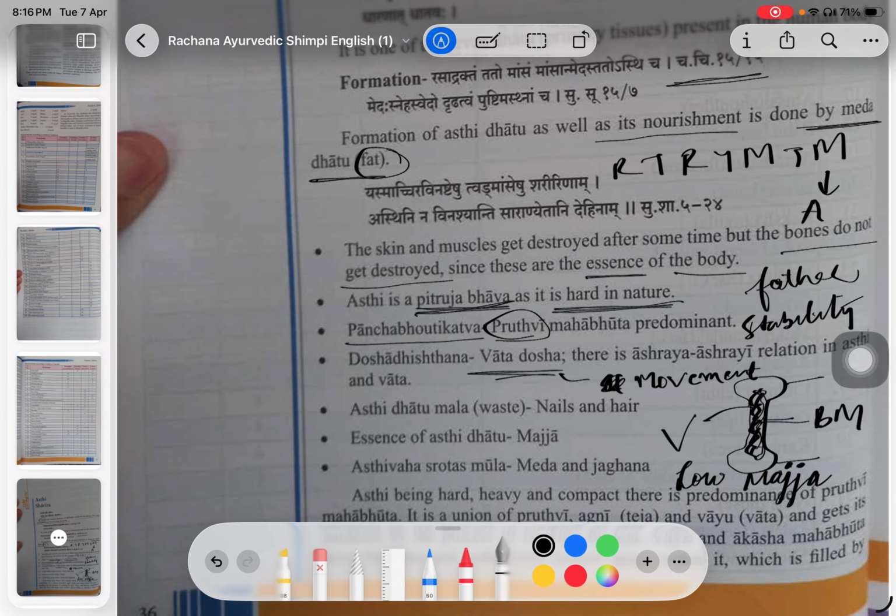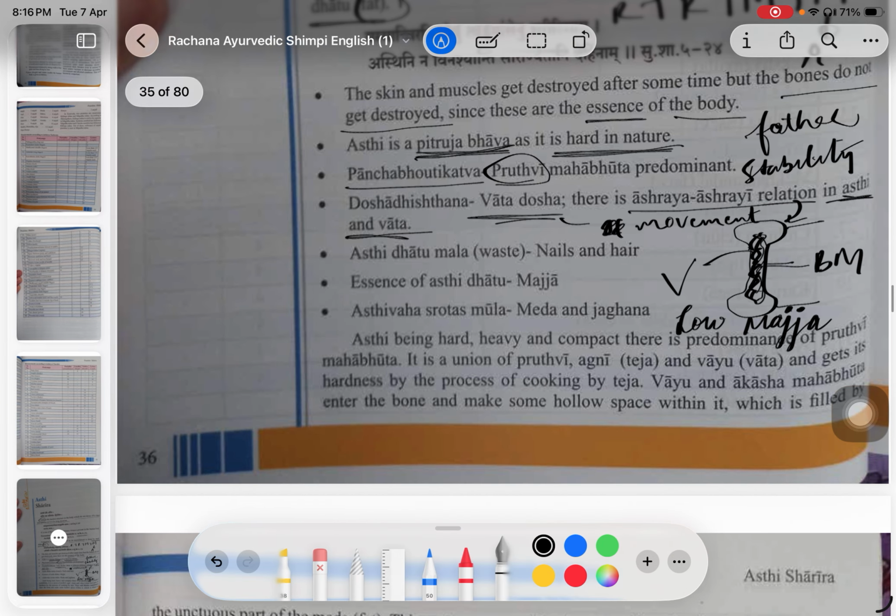So, bones help in making joints, and then further joints help in the movement. So, we can relate it to Vata dosha, right? There's Ashray-Ashrayi relation. This is what I explained over here in Asthi and Vata. They live in each other's house, basically.